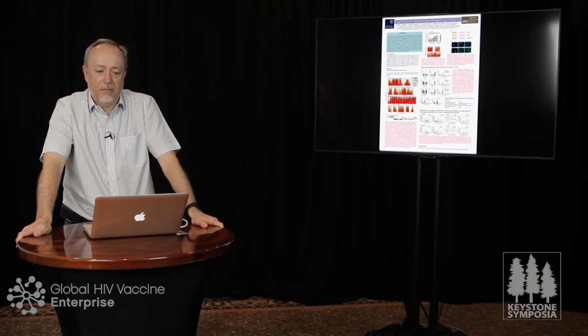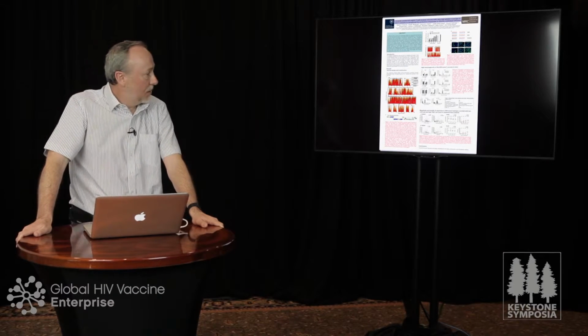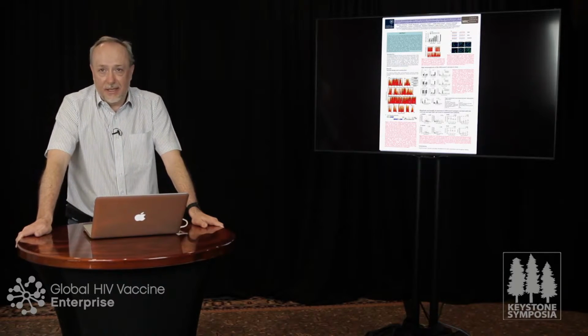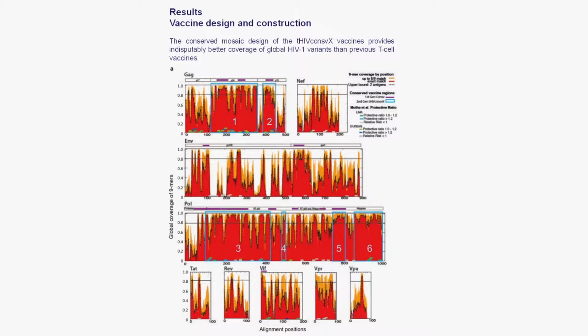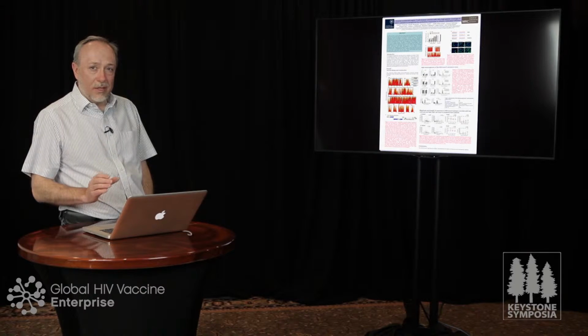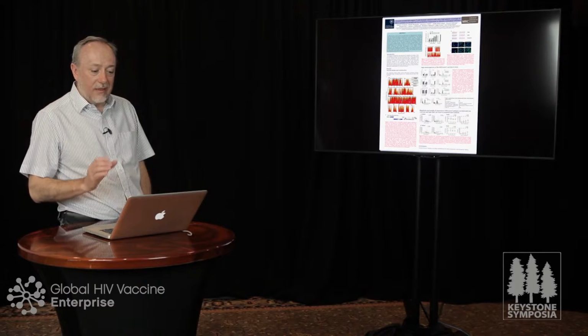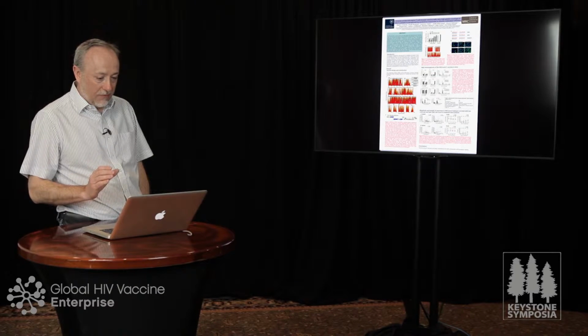So our first generation proved the concept, and this poster that I'm presenting here is about the second generation. The second generation has significant improvements over the first generation in several ways. The central idea is the same. We are focusing the immune responses on the most conserved regions of the HIV proteome.